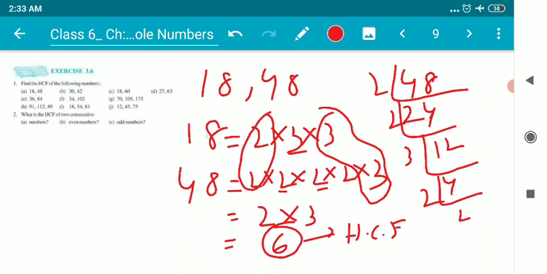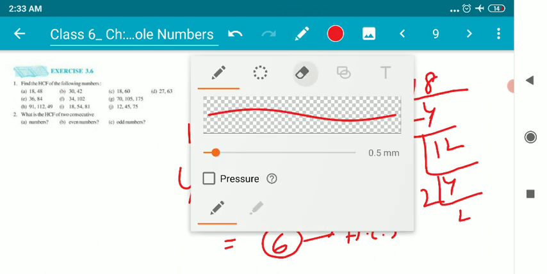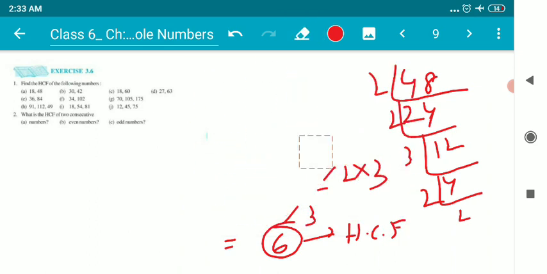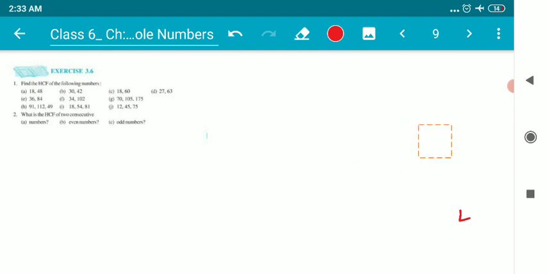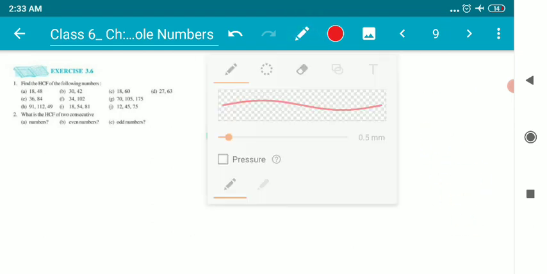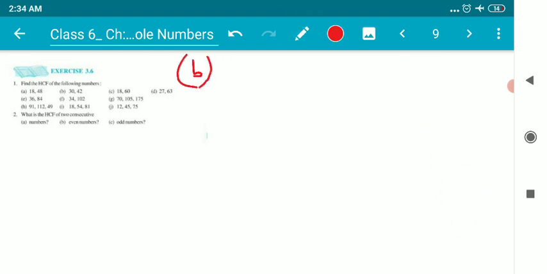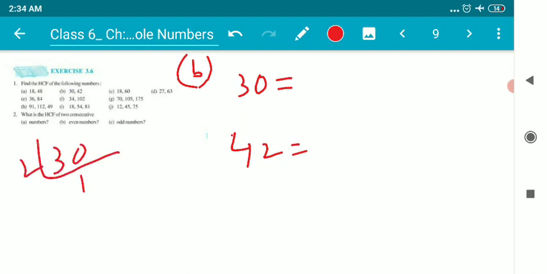So let us try one more sum, children. It will make you more clear with this concept. The question is number B, 30 and 42. I'm going to find the prime factorization of 30. 2 15s are 30, 3 5s are 15. So I'm going to write 30 as 2 into 3 into 5.